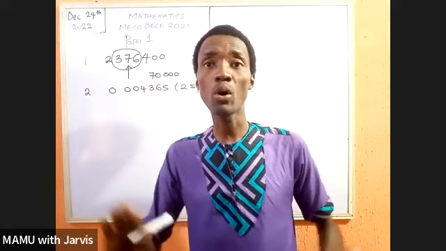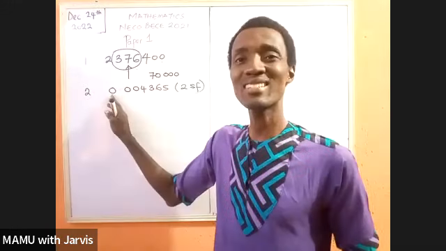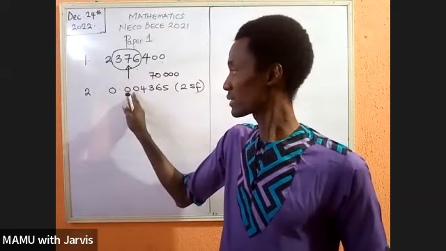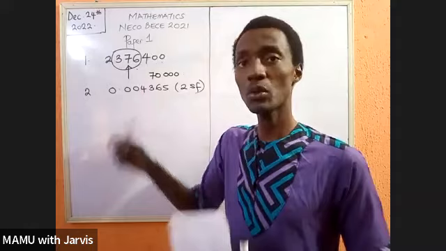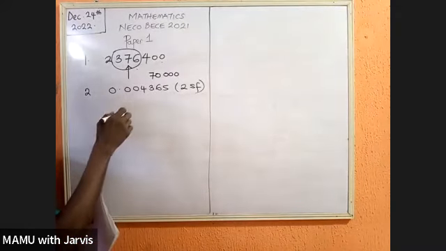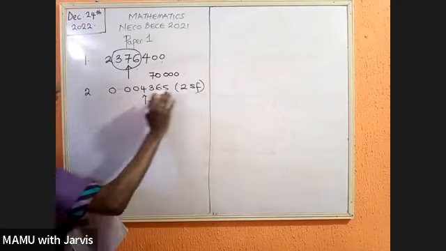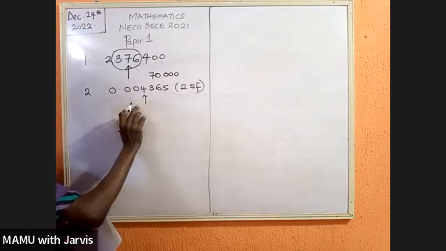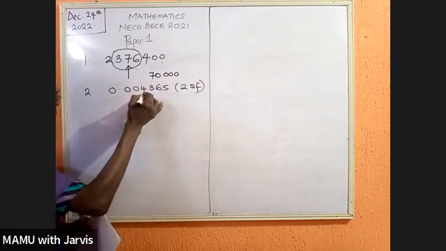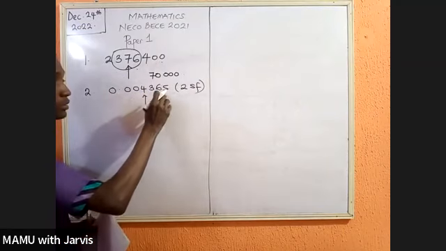A pure decimal is any number whose highest digit does not exceed tenths. If I have a number like this, the first significant digit will be the first non-zero digit. So this is the first digit, this is second, third, and fourth.